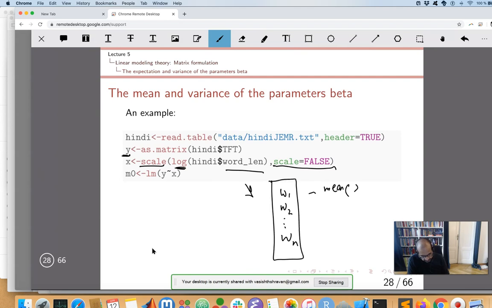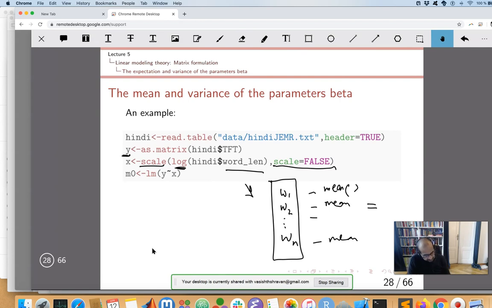I compute the mean of these and I subtract the mean from each of these values, right? And so what I will get as a result will be the centered word lengths. Remember, in the beauty data I had centered the beauty score such that a beauty score of 0 means average beauty level. It's the same thing here. When the centered word length is 0, that represents average word length.